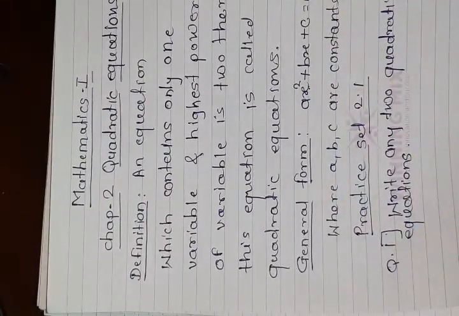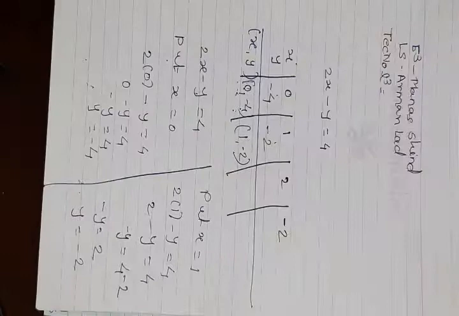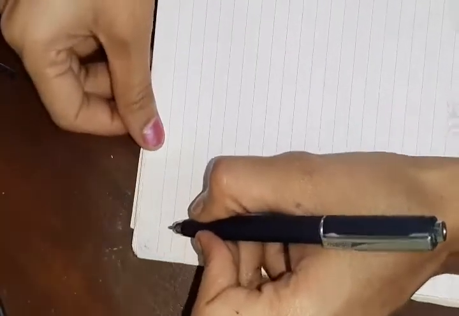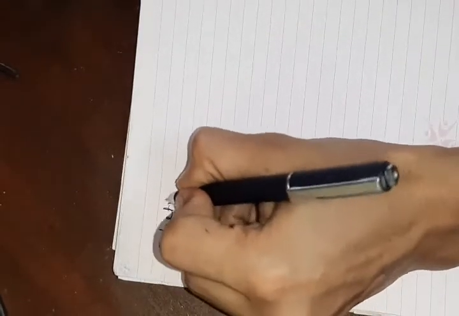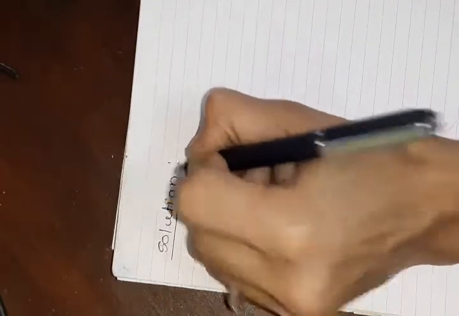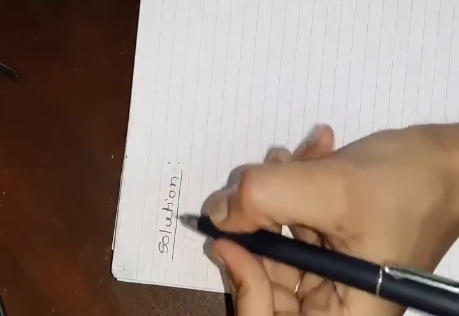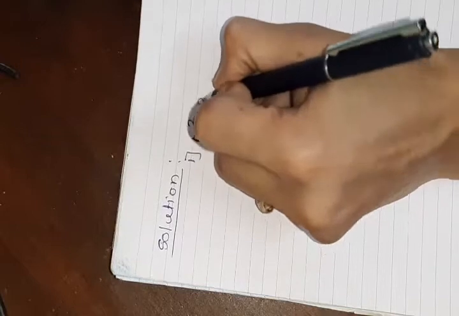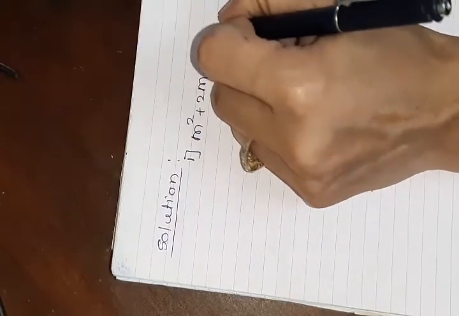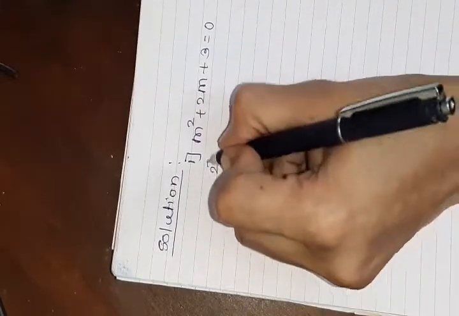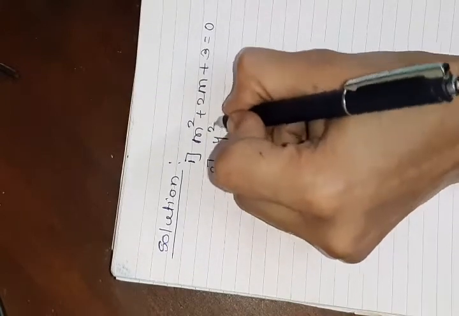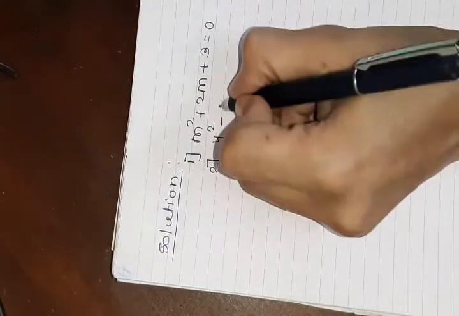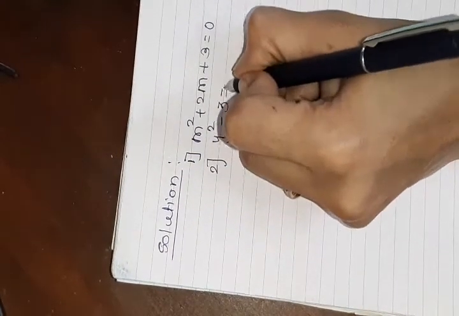So students, solution is we have to write any two quadratic equation. So first, m square plus 2m plus 3 equal to 0, and second, y square minus 3 equal to 0.